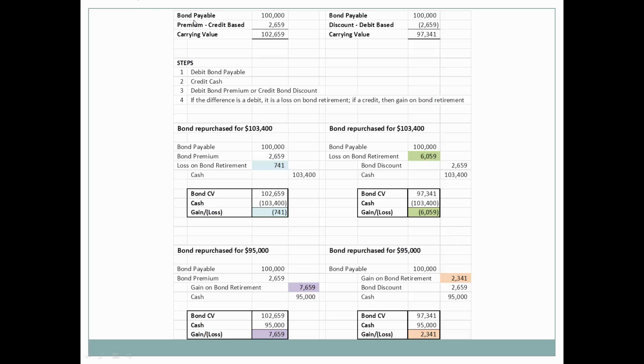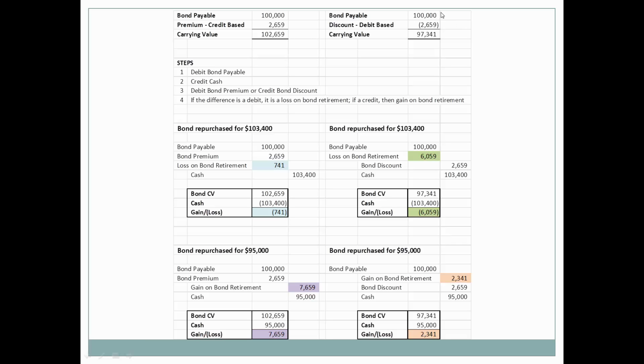In this instance, we have a bond payable with a premium. The premium is credit-based. The bond also is credit-based, right? So it's a liability, so it will also be credit-based. So the two of them added together would give you the carrying value of the bond, which in this instance represents $102,659.